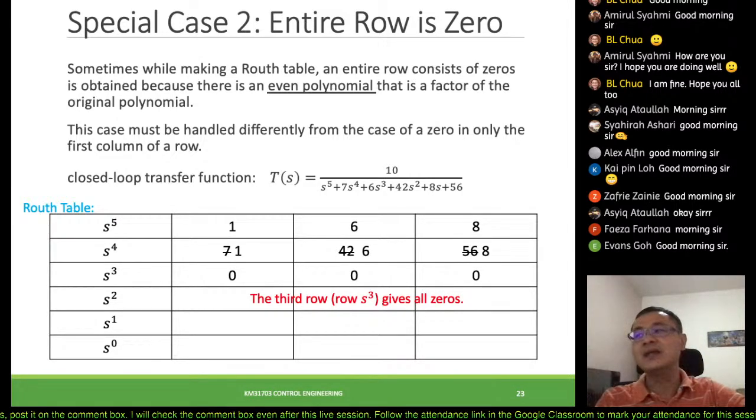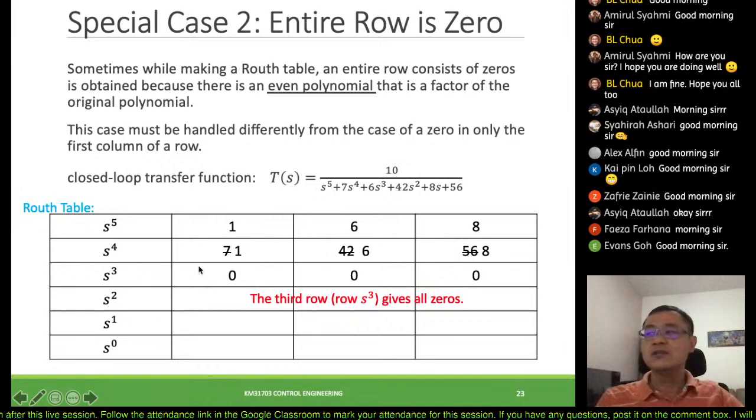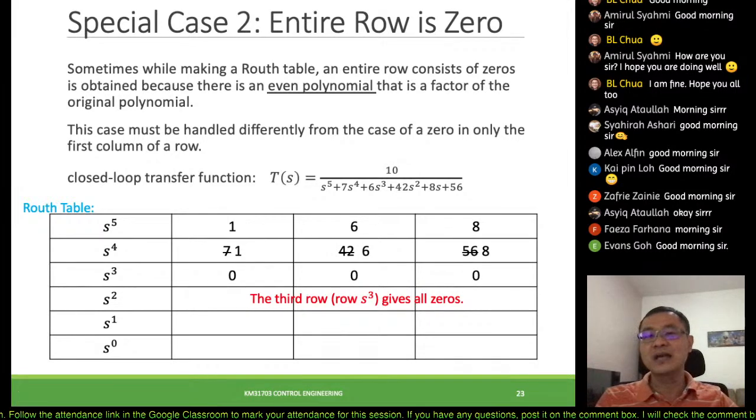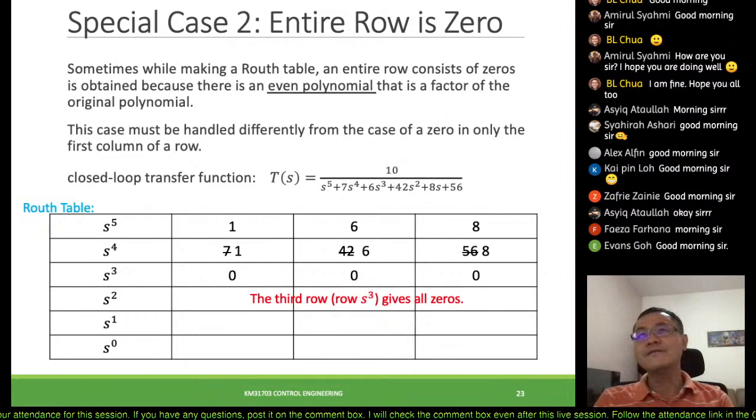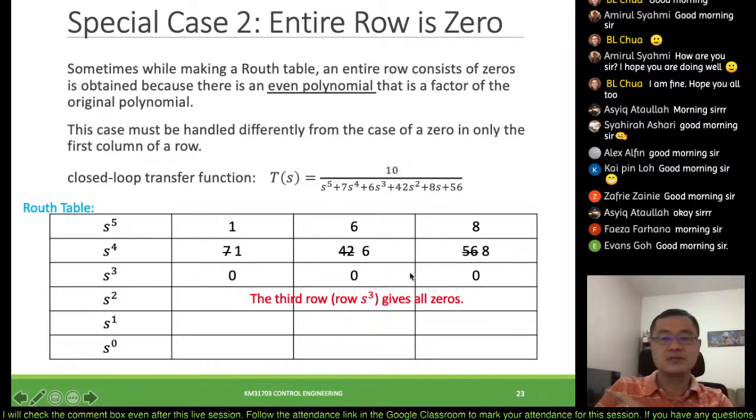If this happens, then we would encounter 0, 0, 0. The whole row becomes 0. Even if you reverse the order of the polynomial, it may not solve your problem, because eventually you will still get 0, 0, 0, right?